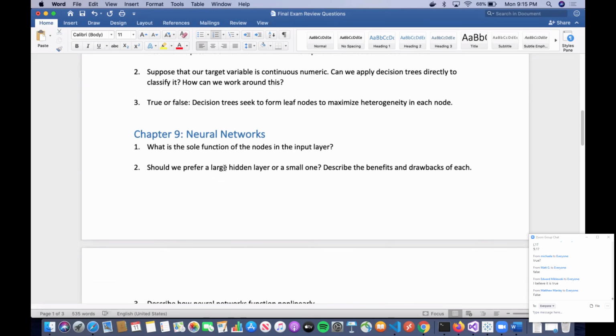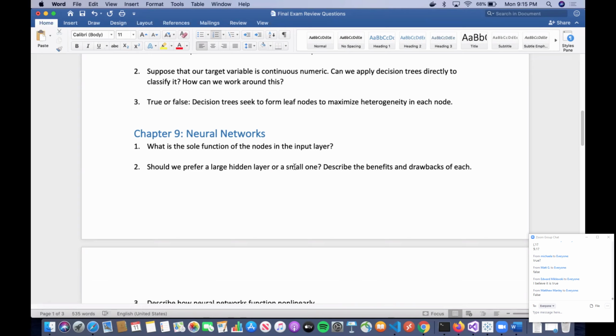So for chapter 9, neural networks, what's the sole function of the nodes in the input layer? So you have the input layer, right? The nodes in the input layer are there to accept the data from the input variables. The data values are passed directly to the nodes in the hidden layer. So the only reason you have the input layer is it's like a hub.